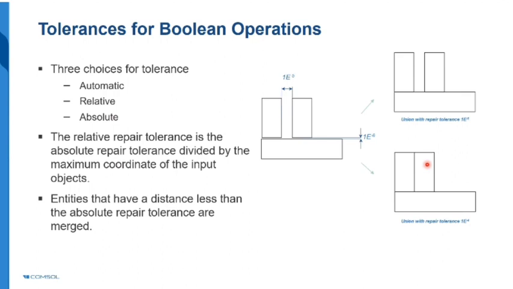When you apply the relative repair tolerance, it will be multiplied by the maximum coordinate of the object, and based upon that it will decide whether to merge the entities or not.